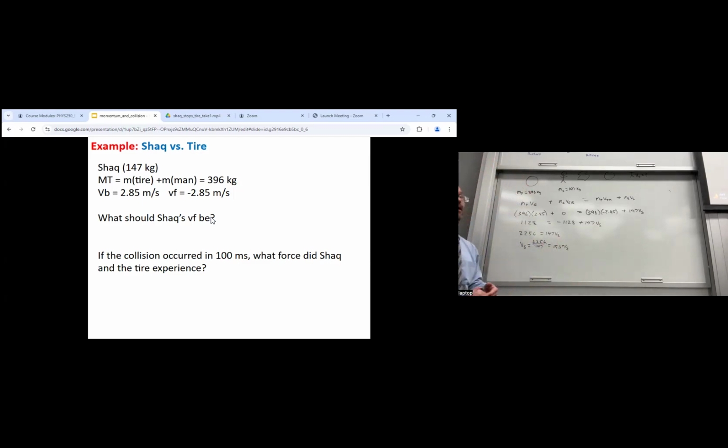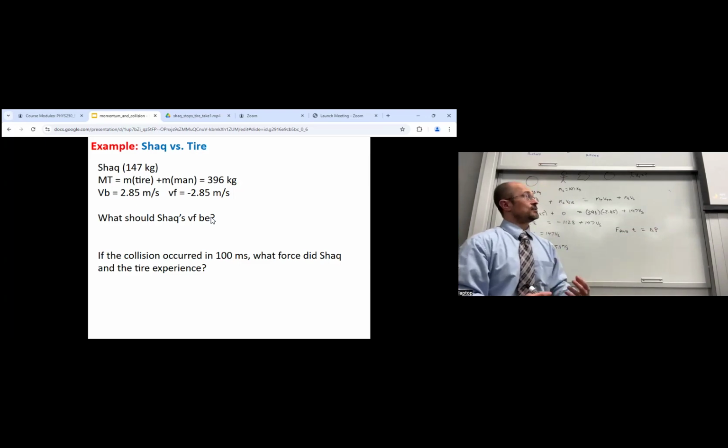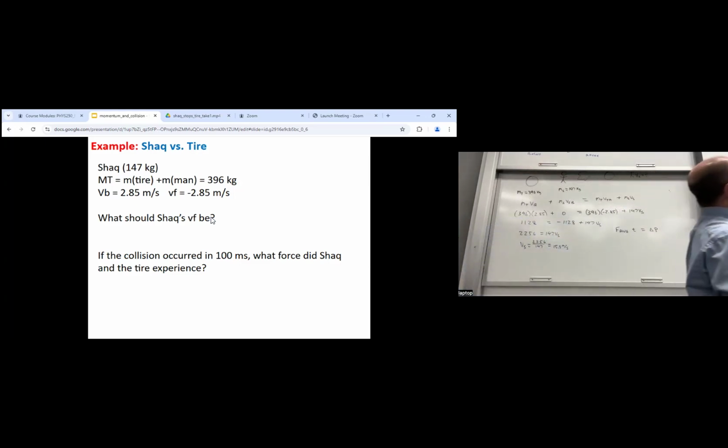So now what we can think about is saying, okay, we'll give Shaq the benefit of the doubt. All right. And what we can think about then is the average force times the time is the change in momentum. So Shaq here has to apply a force to the tire to give the tire that impulse. So what is the force between Shaq and the tire during this interaction? You can time the amount of time it takes for the tire to hit Shaq and bounce off.